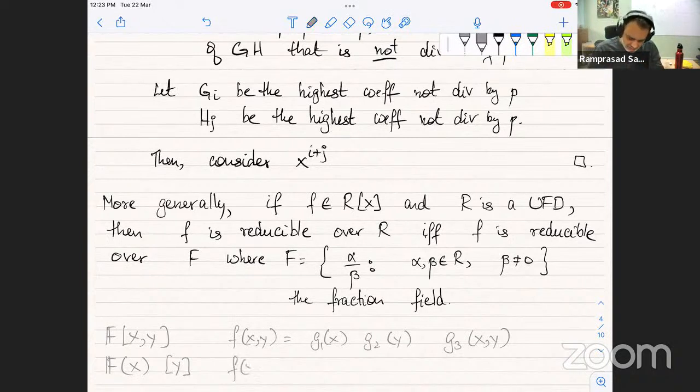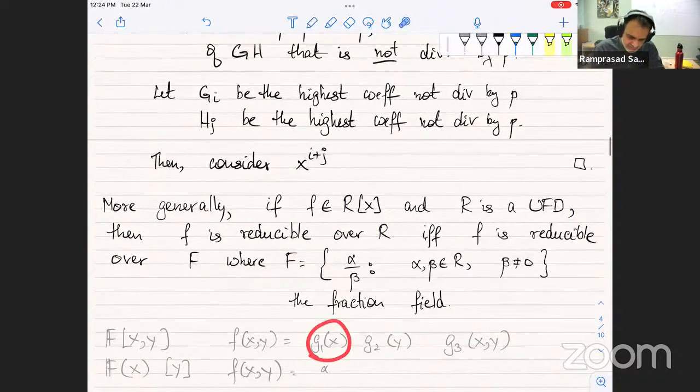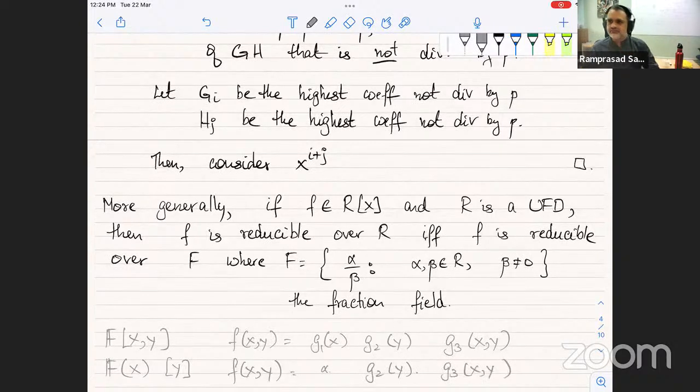So then what is the factorization of f(x, y) going to be? The only difference is that this factor in my world is a constant, because it's something that only involves the x's and I'm allowed to take arbitrary denominators here. So I'm going to think of this as some constant alpha, where alpha is basically equal to the same g(x), but the other two terms are unchanged. Okay, so this is usually all that can happen when you go from one world to the other.